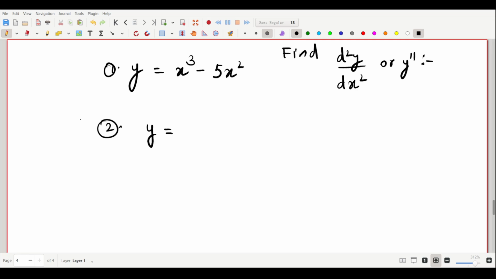The second question: y equals 6x square minus 4 upon x. Solve it by yourself and find the second derivative of both equations of y.